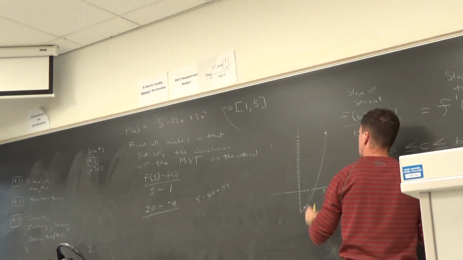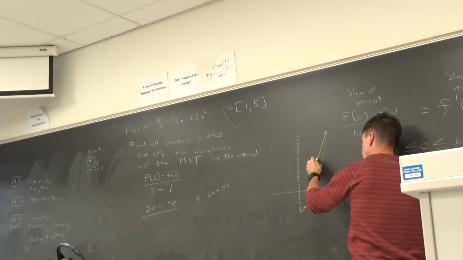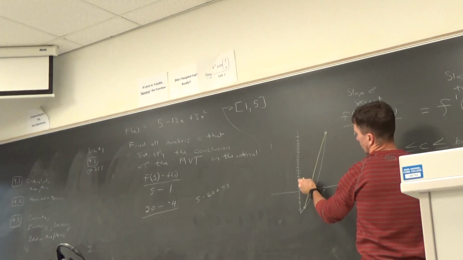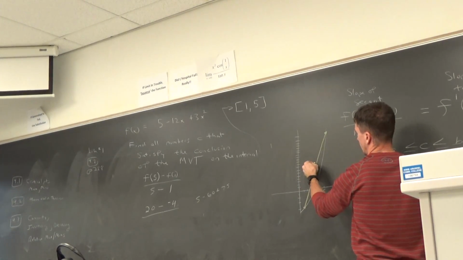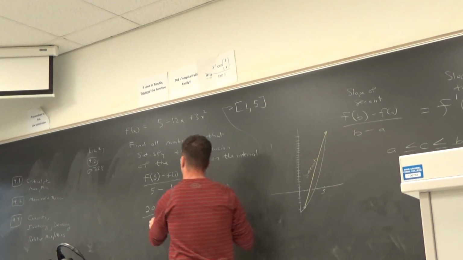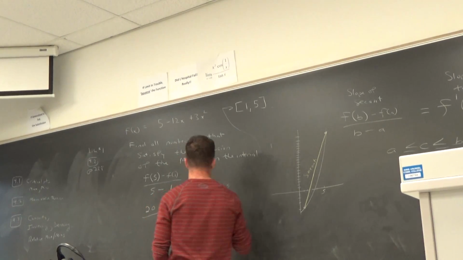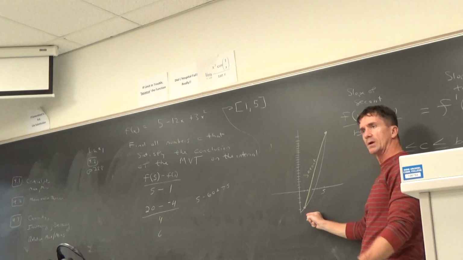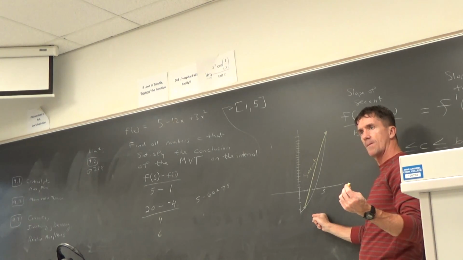Now, slope of the secant, you're just going to get the slope of that. What's the slope of this secant? We're finding it right now. 6. So in this straight line, the gradient rises 6 notches for every one notch it runs to the right.